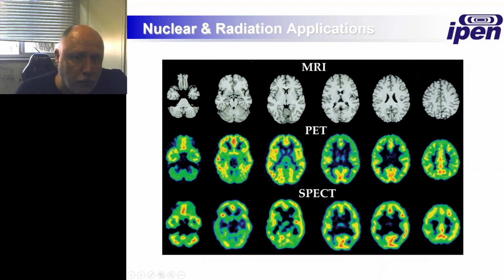So you see the form of your brain. Here is a PET scan, and here's SPECT. You see that the PET scan has a lot more detail at some places, although it may be a bit blurrier than here, just because of the path the positrons walk before annihilating.